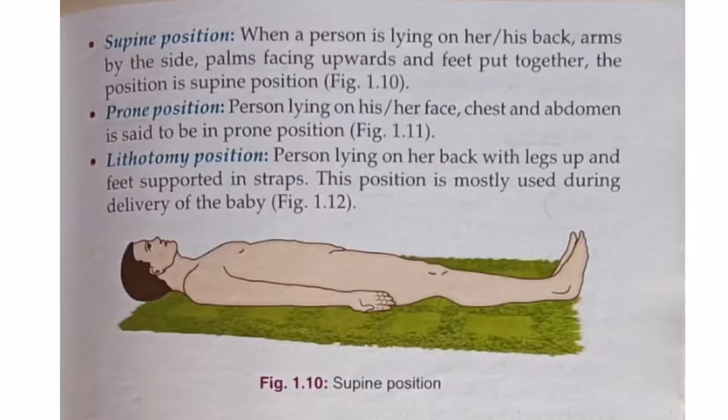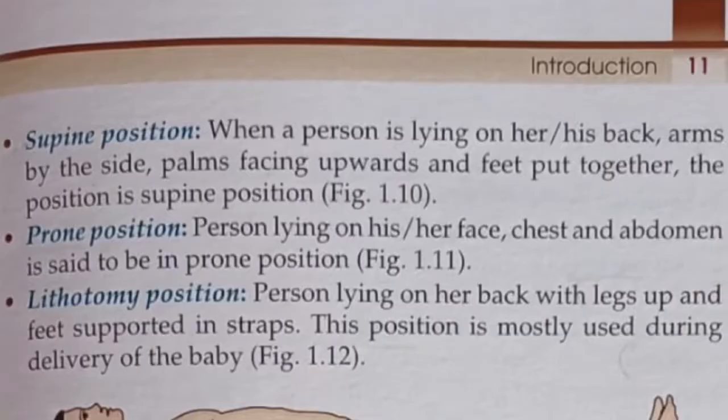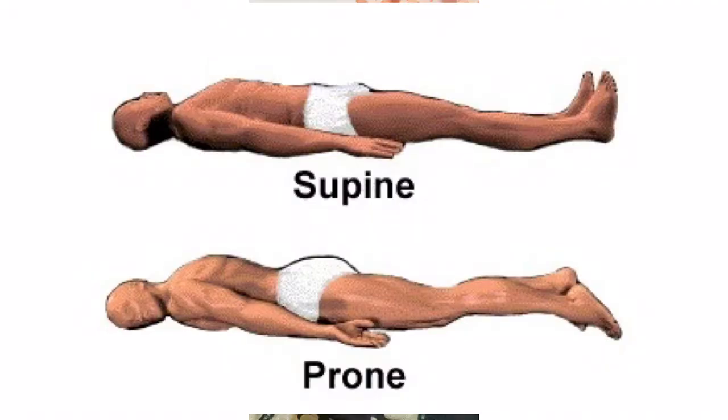Supine position: when a person is lying on her or his back, arms by the side, palms facing upwards and feet put together, the position is supine. Next, coming to prone: a person lying on her face, on the chest and abdomen, is said to be in the prone position.